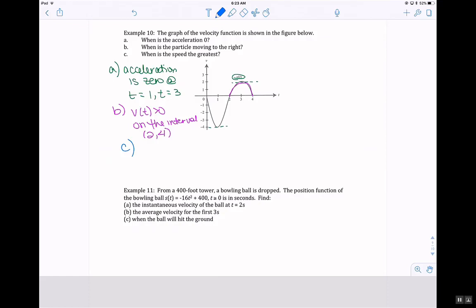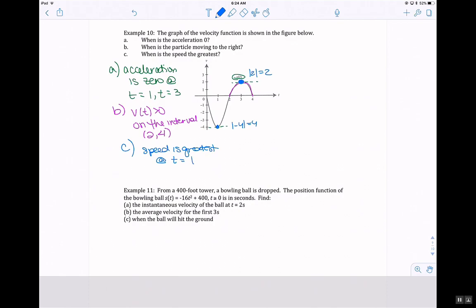So I have two candidates, my v of 3 or my v of 1. My v of 1 is equal to -4, but the absolute value of -4 is 4. And then my v of 3 is 2, so the absolute value of 2 is 2. So my speed is the greatest at t is equal to 1, because that represents the absolute value of velocity.